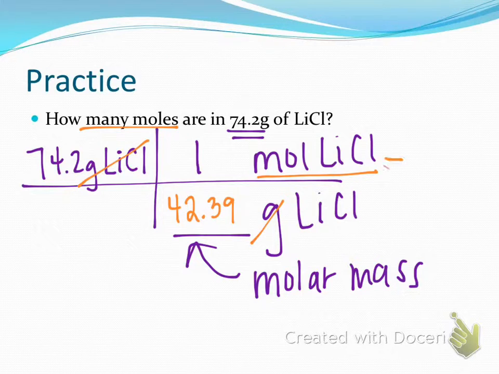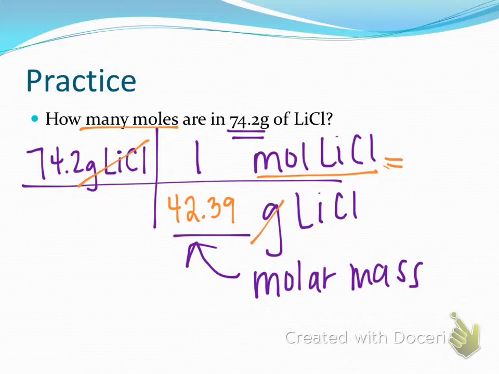So we're going to multiply across the whole top, divide by the whole bottom, and tell me how many moles are in this particular sample. Where do you want it rounded to? Let's go 2 decimal places.